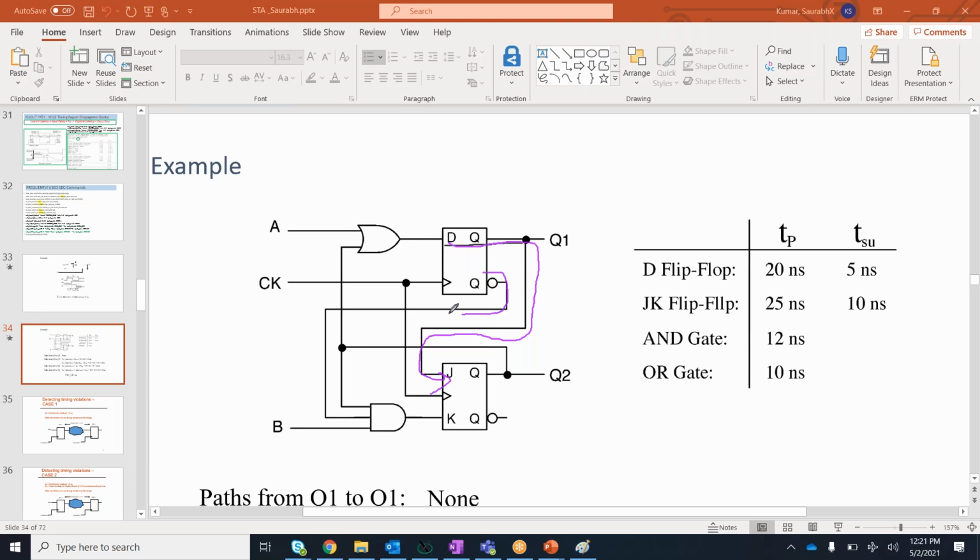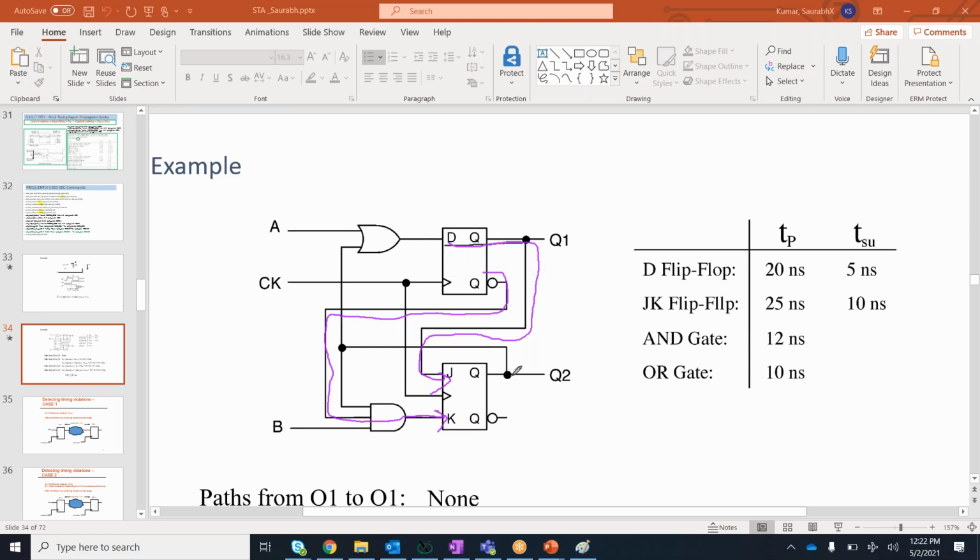I see that there is a path which is going from Q bar to this gate, then it's going to the K. Right? Any other path from this flip flop to this flip flop? No, right? Only these two paths.